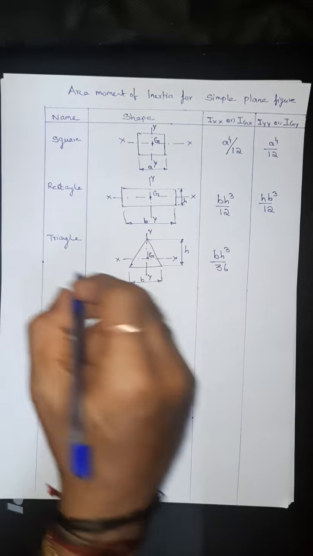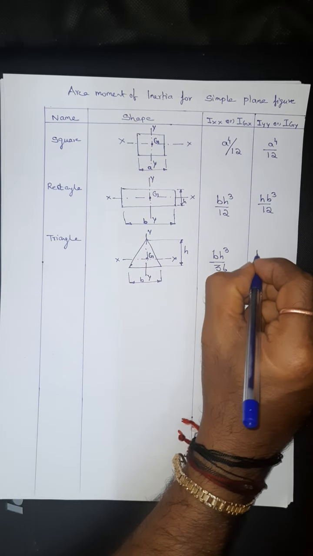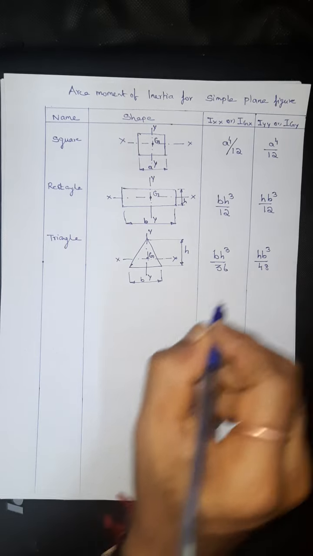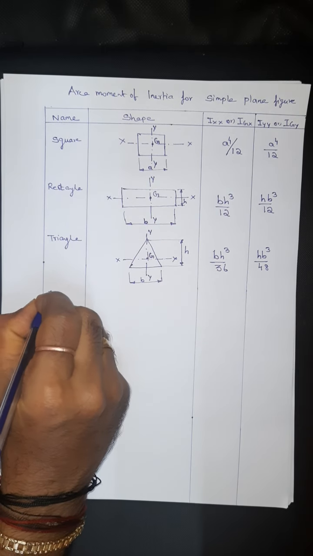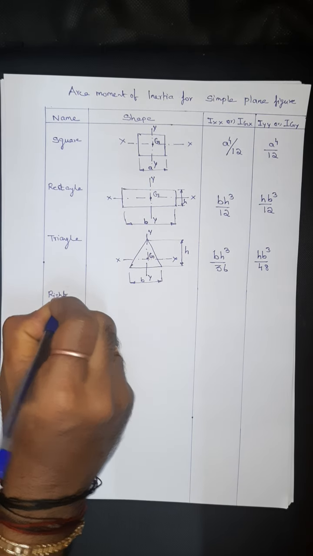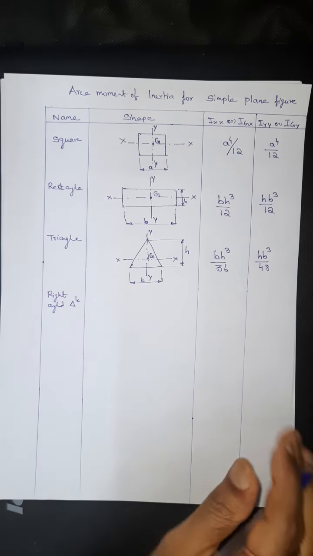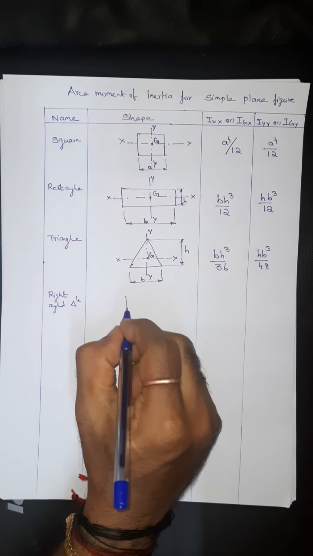So this is for the equilateral triangle, okay. Then HB cube by 48. If it is a right angle triangle, then the formula can be different.